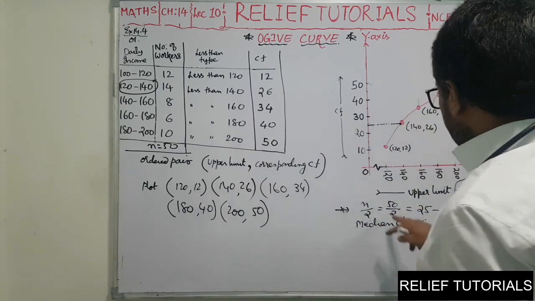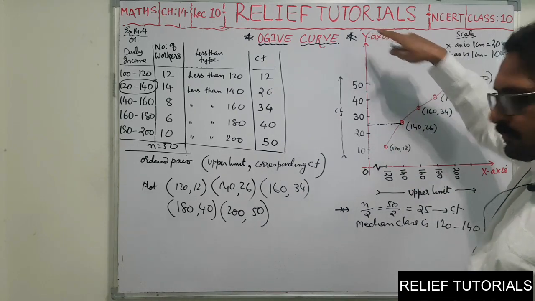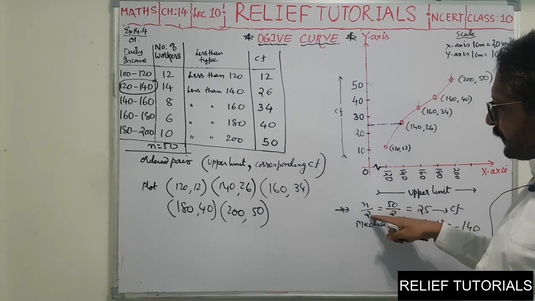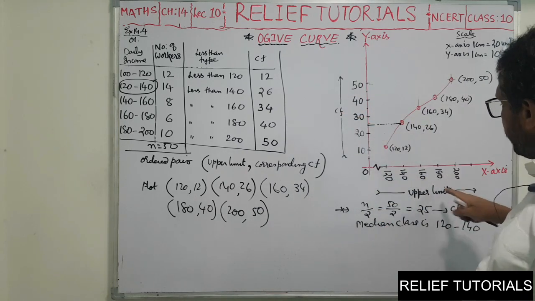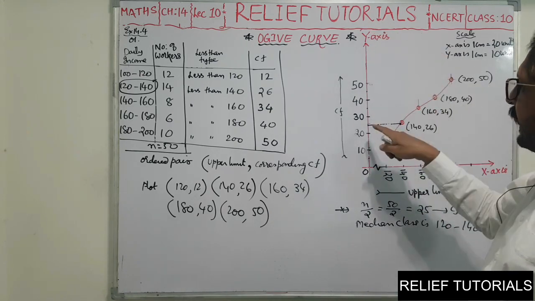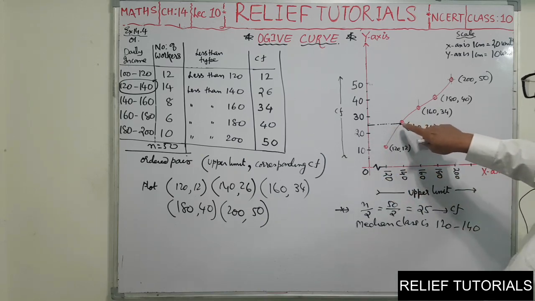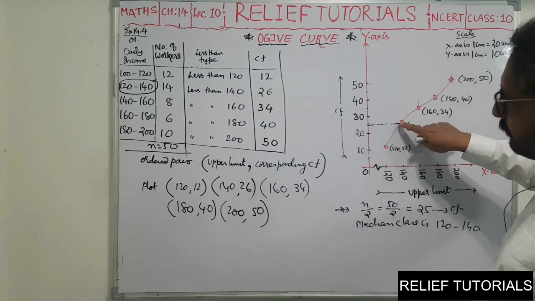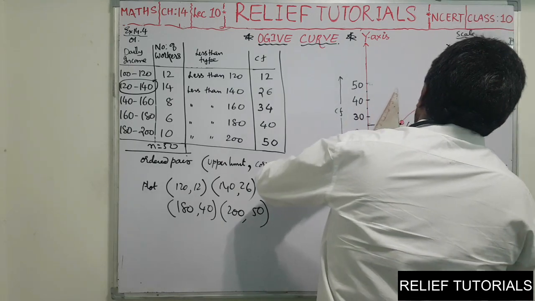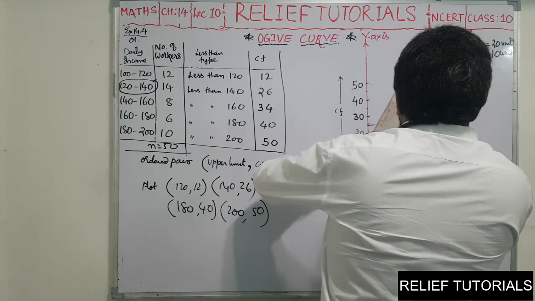So n by 2, that is 25. You will choose 25 on this y-axis. Why? Because this is cumulative frequency. You know that n by 2 is total frequency divided by 2. This we got cumulative frequency 25. So you will plot 25 on y-axis and you will draw a line, okay, parallel to x-axis, which will intersect the graph here somewhere. And from that point of intersection, you will draw a perpendicular line.